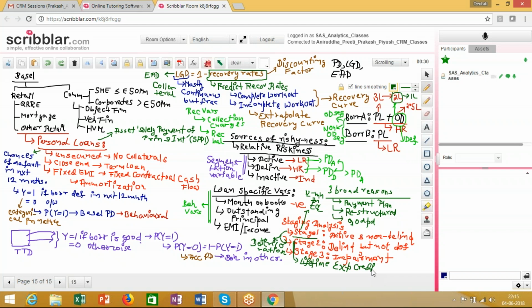Clear? Since we are computing two different estimates of expected credit loss based on the impairments, I need to find a very distinct staging criteria, very robust and distinct.